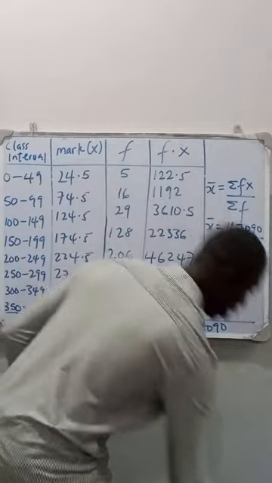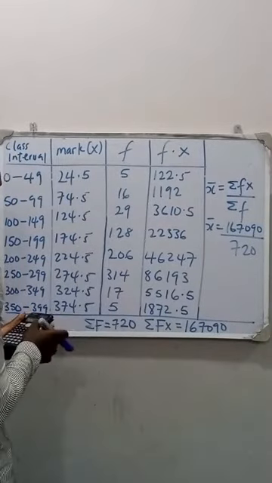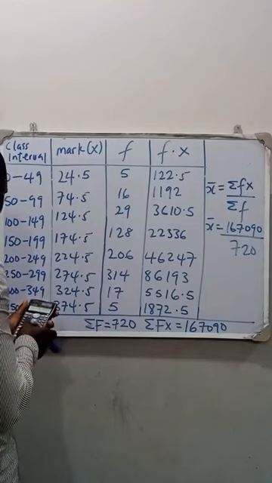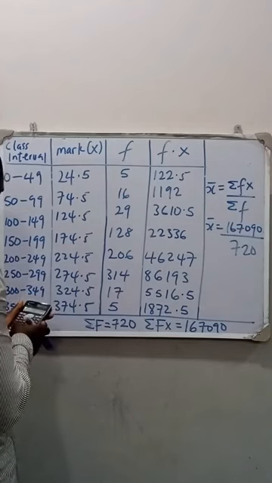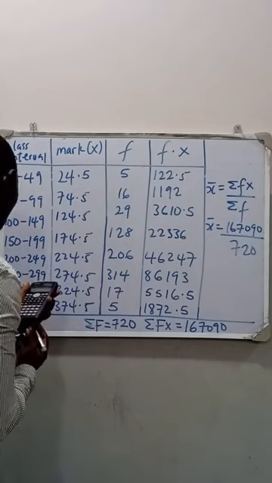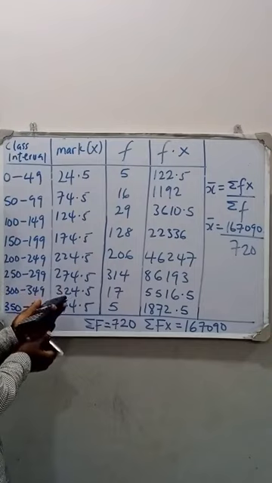So when we punch our calculator, what are we going to have for the mean? 167,090 divided by 720 will give us 232.06.